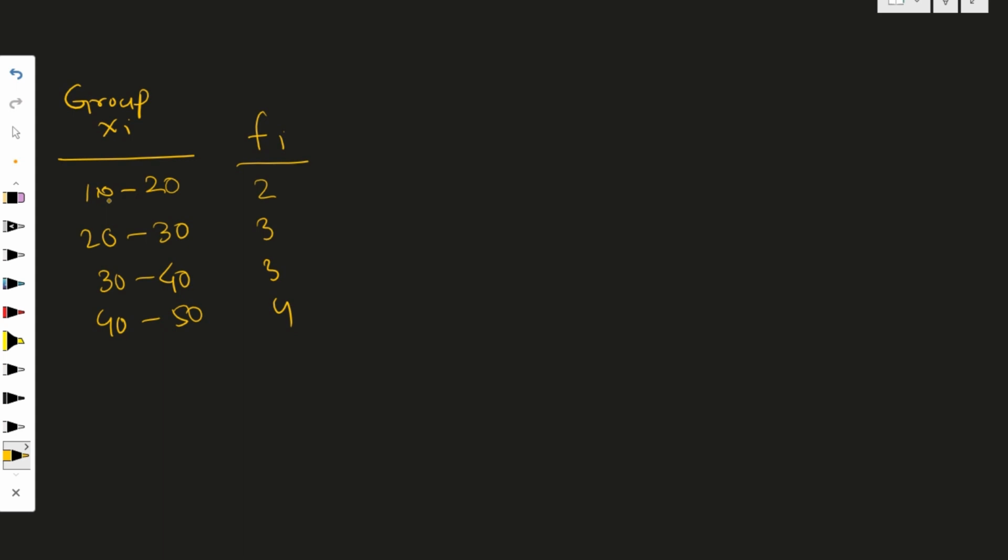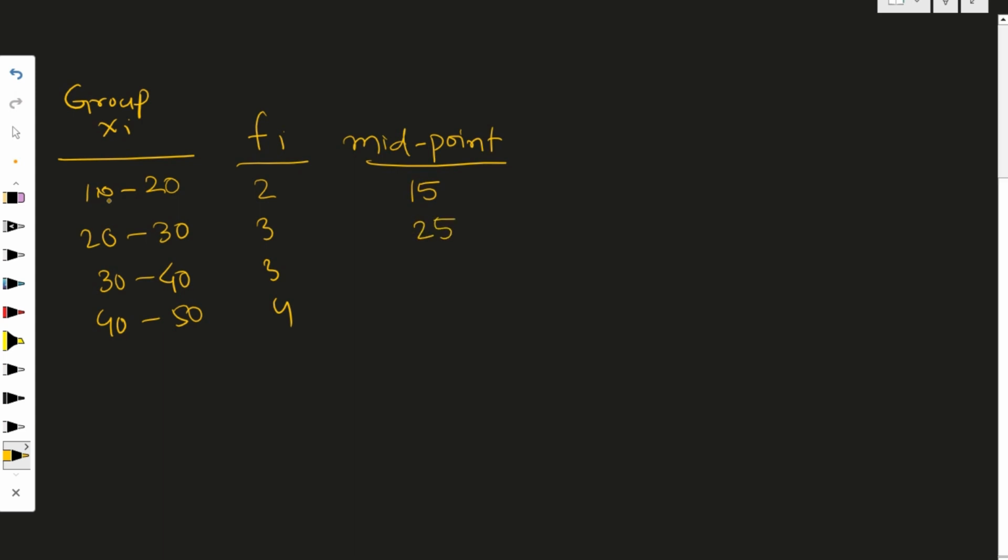As I mentioned, we need to calculate the midpoint of the group value, or the interval value. So 10 to 20 becomes 15, then 20 to 30 becomes 25, then 30 to 40 becomes 35, and 40 to 50 becomes 45.